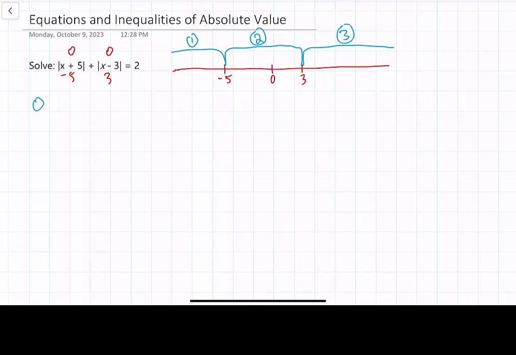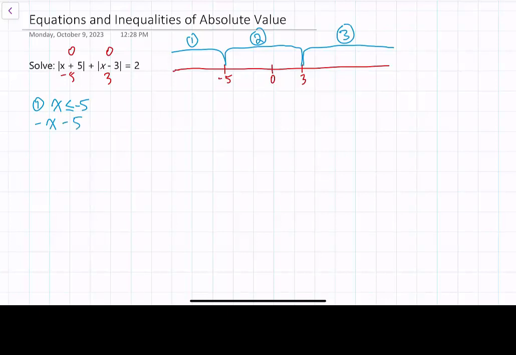So for the first solution, we have x is less or equal to -5. Then it tells us how we can take away the absolute value symbols. Since x is a negative number, we would have to flip or reverse all of the symbols in the absolute value. For example, x plus 5 turns into negative x minus 5.